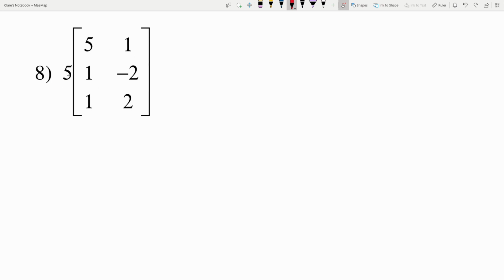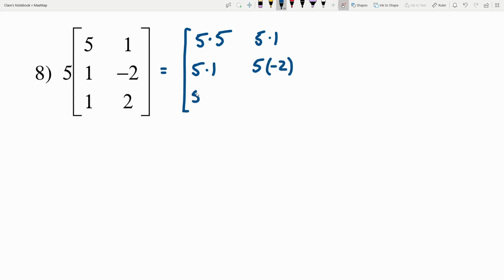So because we're just multiplying by 5, and this is a 3 by 2, it will remain a 3 by 2. So what I'm going to do is multiply every element by 5. So I'll have 5 times 5, and then 5 times 1 in my first row, 5 times 1 and 5 times negative 2 in my second row, 5 times 1 and 5 times 2 in my third row.